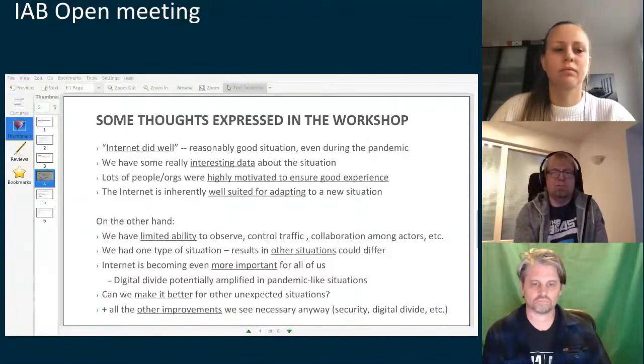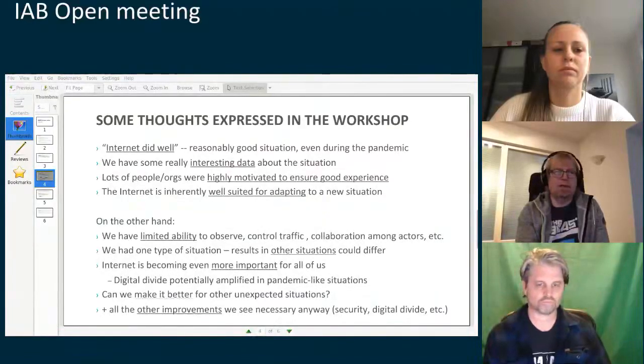We may not always be able to collaborate among parties whose collaboration would be beneficial, but there's just no way, technically or business-wise. We should also remember that we had one situation. What if we had something else, like a catastrophe or natural catastrophe somewhere that would take some networks down and so on?